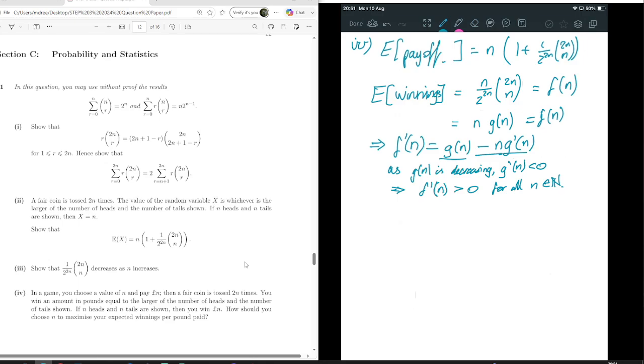So actually, f of n is a strictly increasing sequence.